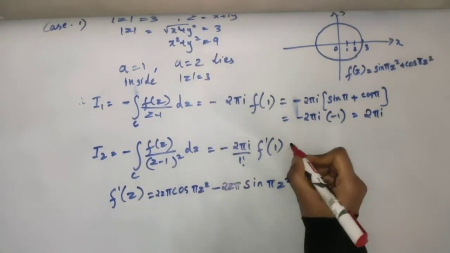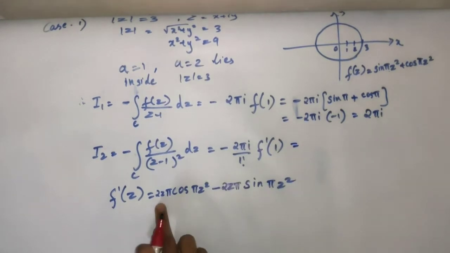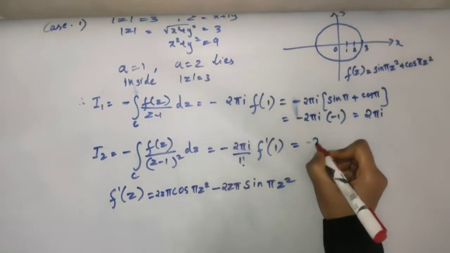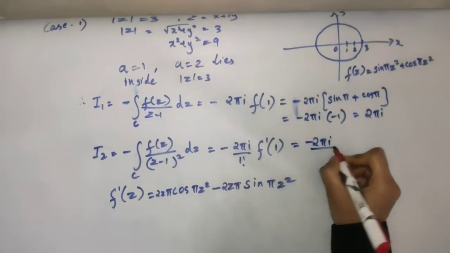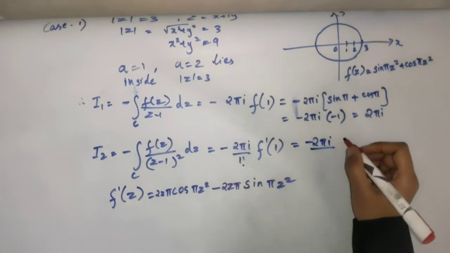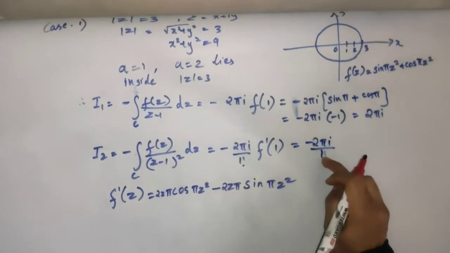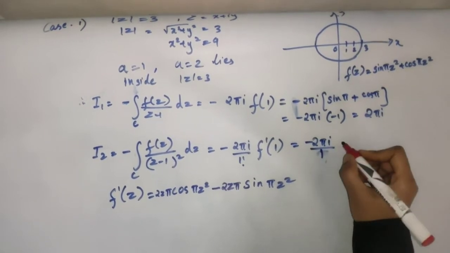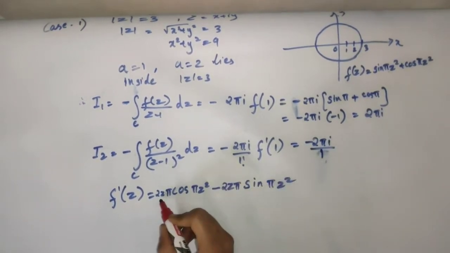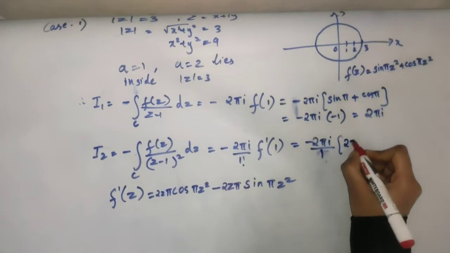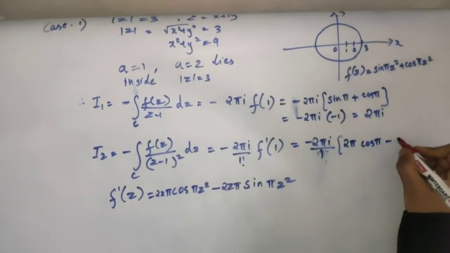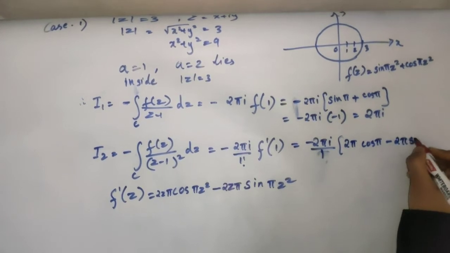So it will be what? F dash of 1 we are working for. If you put z is equal to 1, you will have minus 2 pi I divided by 1 factorial, which is 1, into f dash of 1. If you put z is equal to 1 here, it will be 2 pi cos pi minus 2 pi sin pi.